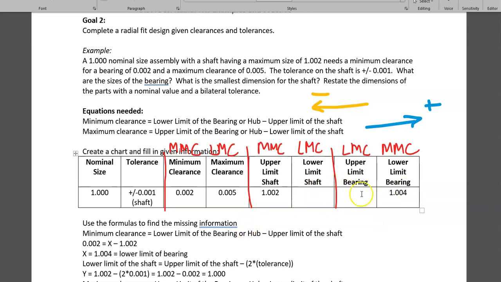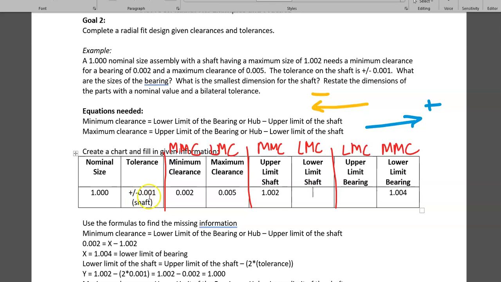Now, in order to get the other area, this is where the tolerance comes into play. So I have a tolerance for the shaft, so that means I have to fill in this column next. So what I'm going to do, I have my upper limit shaft. I want my smaller shaft, my lower limit shaft. I have to take this tolerance, subtract it twice from that number, and fill in the number here. The reason why I have to subtract it twice is because this is a bilateral tolerance.